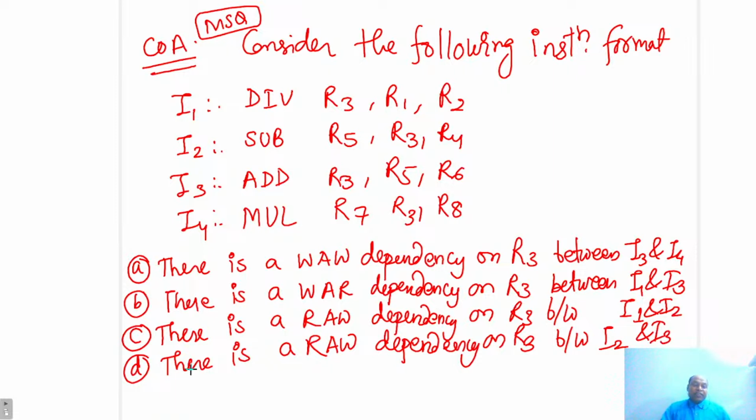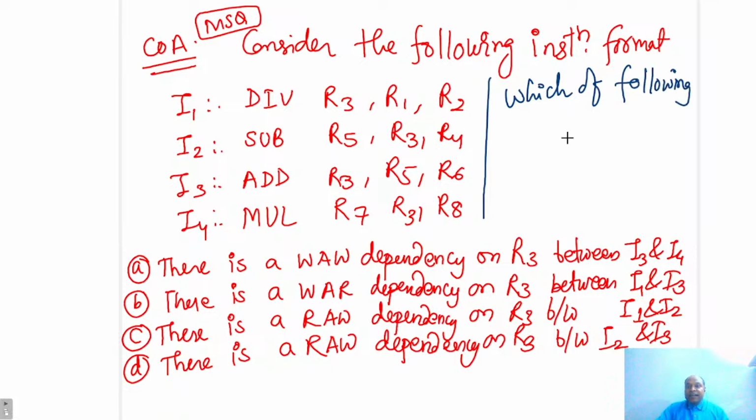Let's try to check it out. So the data provided with respect to the question is this. So we need to identify which of the following is/are correct. So let's try to check.